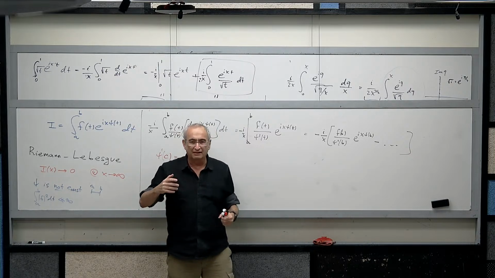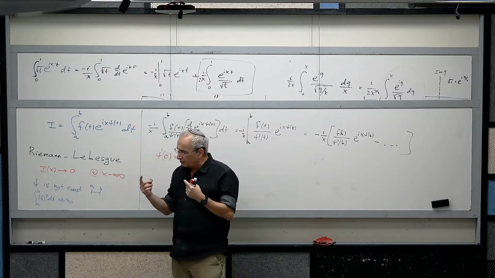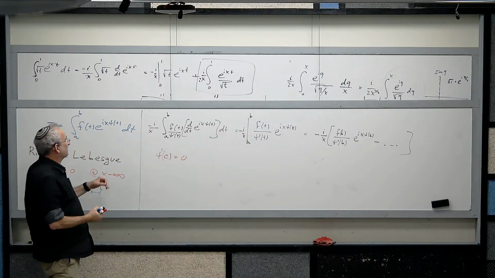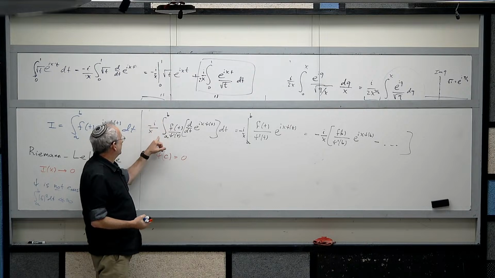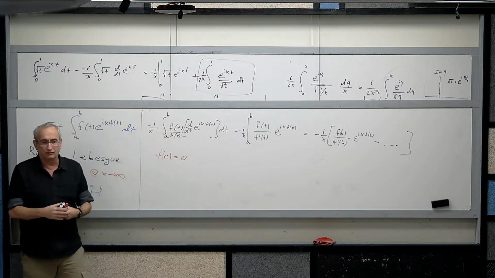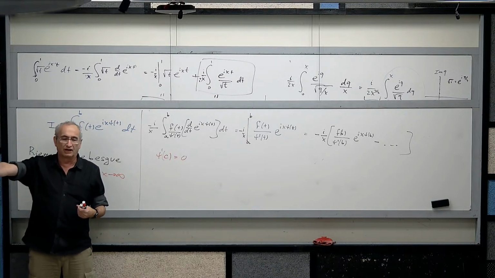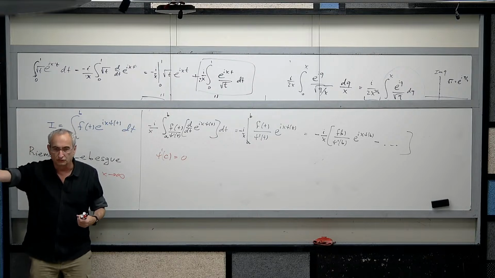The outcome, as you see, is that the integration by parts gave us an expansion in inverse powers of x. The first contribution will go like 1 over x, the second contribution like 1 over x squared, and so on and so forth.